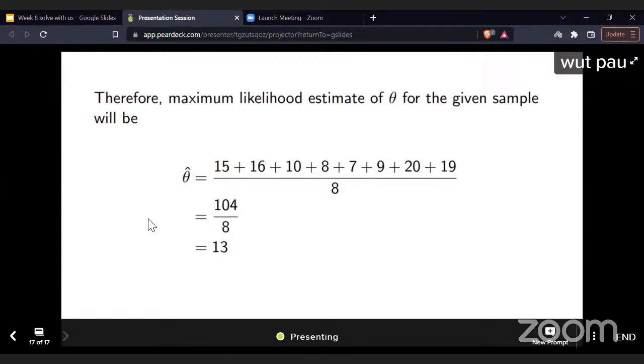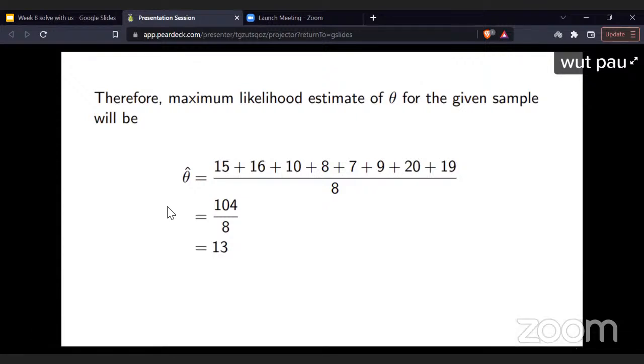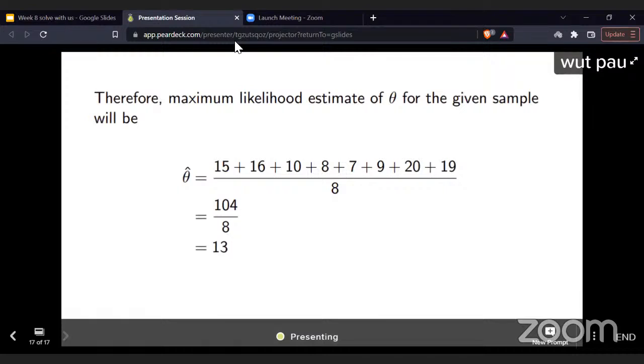Any doubt so far? This was our last problem. If there is no doubt, we can close this and discuss some activity question. Of this week only, okay.